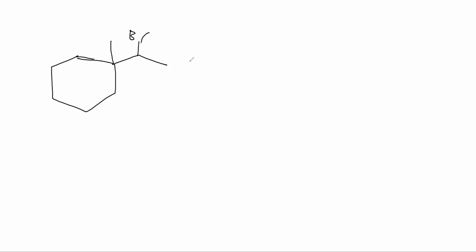So this is very similar to the last one, but we have a methyl group here. So this carbon here has 1, 2, 3, 4 bonds shown. That means there's no hydrogens on it. So because there's no hydrogens, we can't draw this.